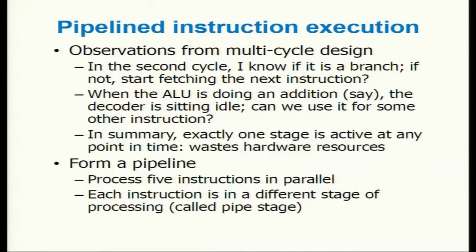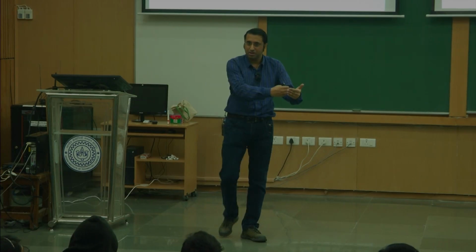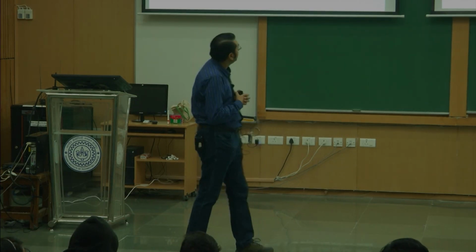One observation that comes out from here is that, for example, in the second cycle, where you are decoding the instruction, you get to know the instruction type. For example, you get to know whether the instruction is a branch or not. If it is not a branch, then I can start fetching the next instruction, because I know that the next instruction is just next to it.